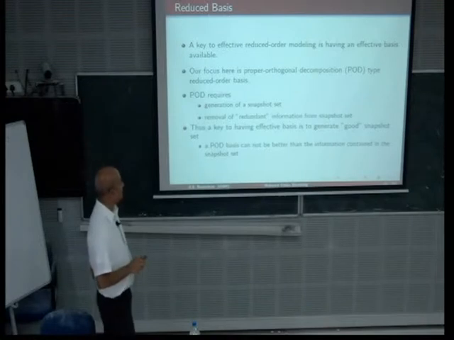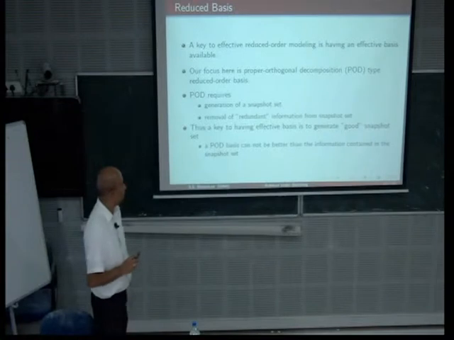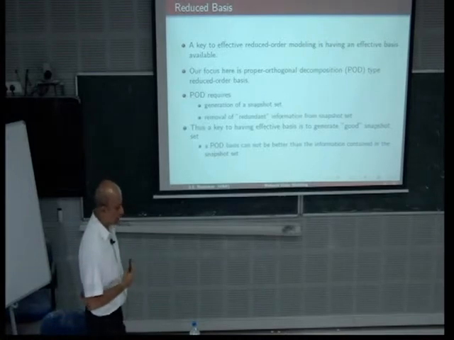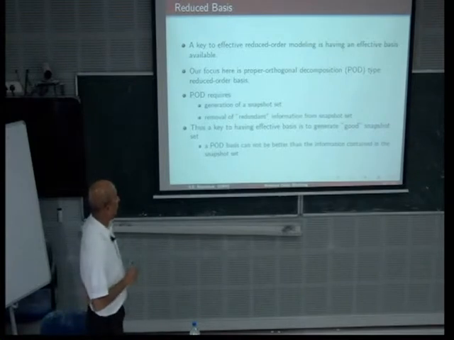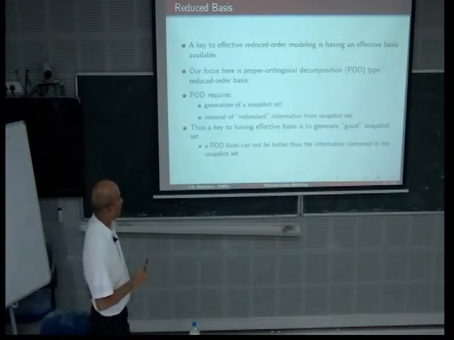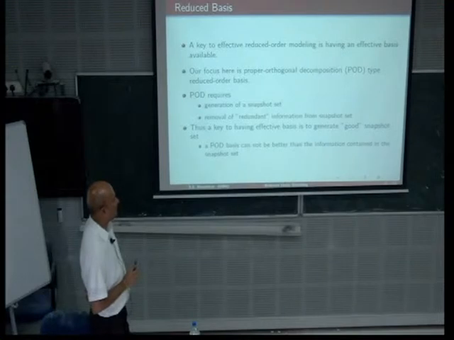Then you have to remove the redundancy from the snapshot set. You rely on the snapshot set to construct a basis that has low dimension and approximates the solution space well. So the key to having an effective basis is to generate a good snapshot set.